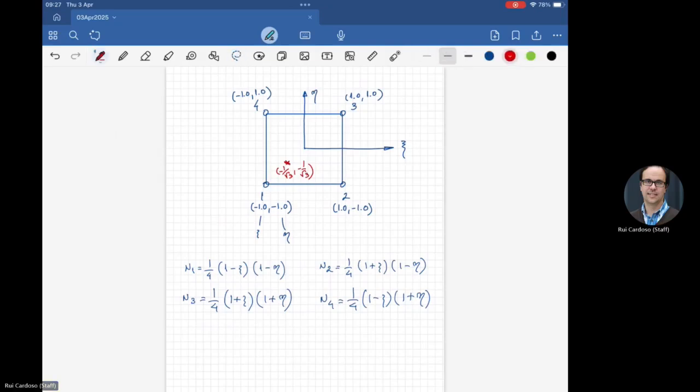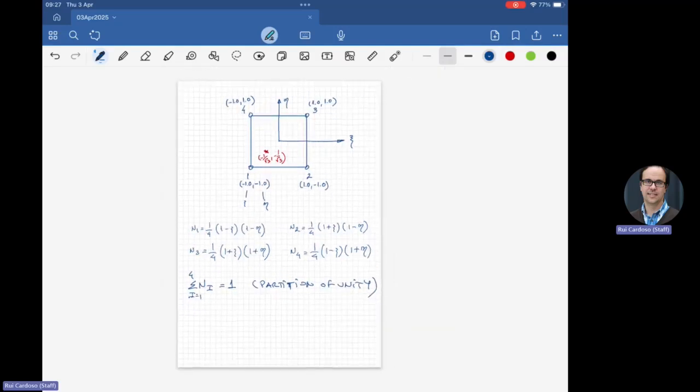Okay, now, the first property I want to show you is that the summation of the shape functions is equal to 1. We call this the partition of unity. Okay? You can easily see that.